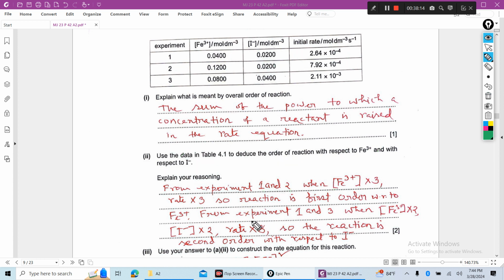Now from experiments 1 and 3, when iron concentration doubles, the rate becomes double. As iron 3 ion is first order, and the concentration of iodide ion also doubles, the rate should be 2 times for first order, but the rate increases 8 times.